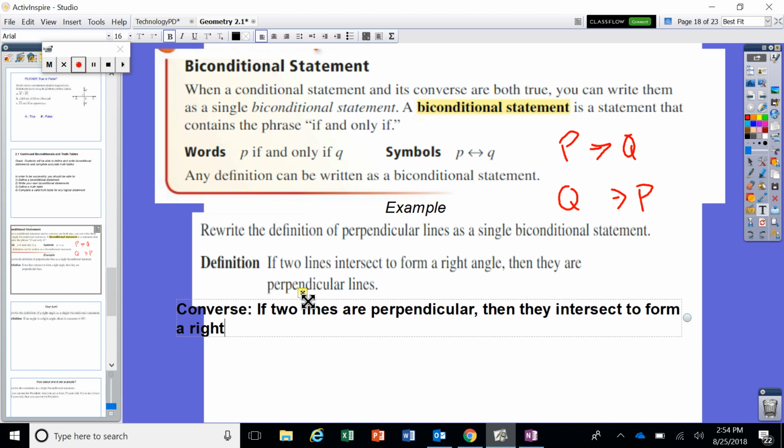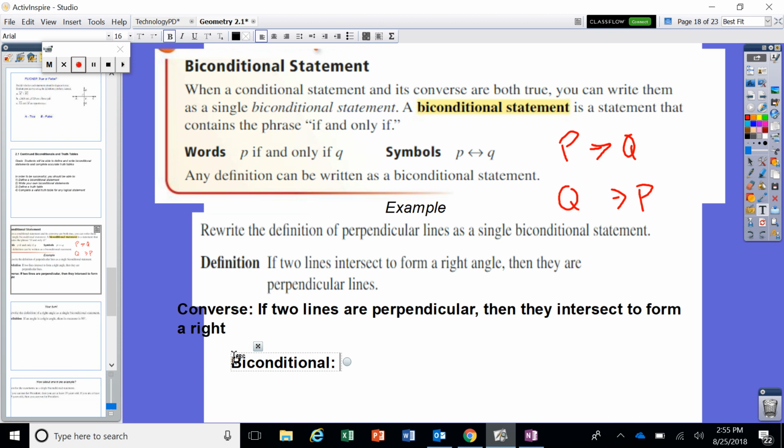So our goal is to utilize both the definition and the converse to put it into an if and only if statement. So in an example like this, we use the truth value of both of them to write the biconditional. We have to write it in a sense where both ways are true.